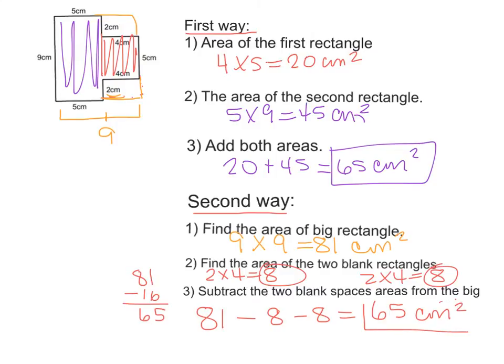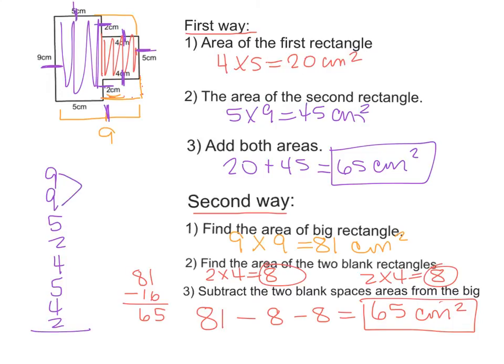Now, the perimeter is the same for both. It doesn't matter which way you do it. So let's begin adding the sides. It's going to be 9, 9, 5, 2, 4, 5, 4, and 2.